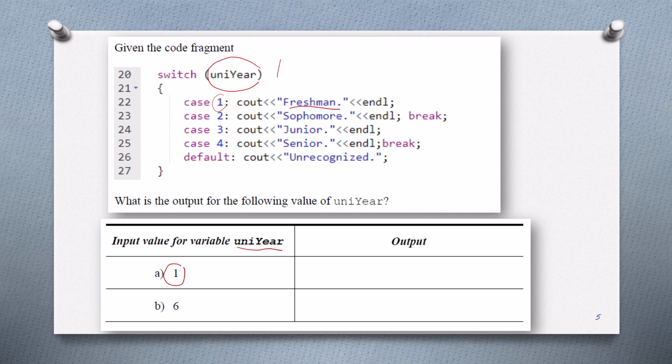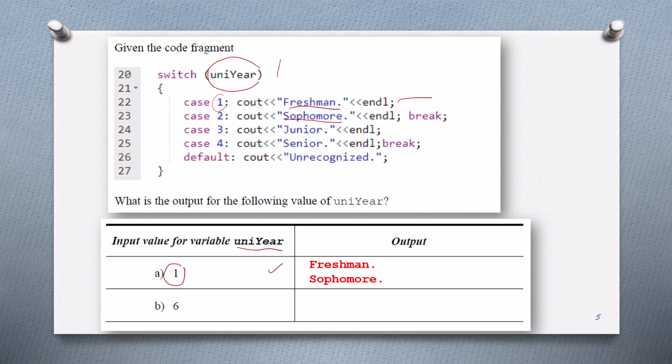You see there is no break. When there is no break, you will continue executing the next statement, and it will display sophomore. In this case, you will expect to see both freshman and sophomore printed on the screen.